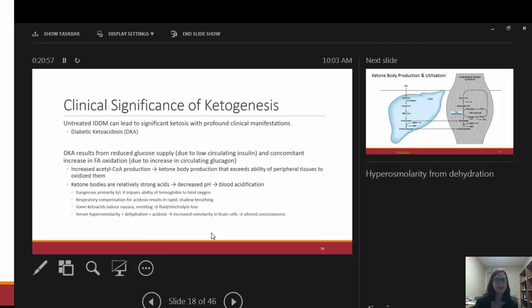This hyperosmolarity of the glucose, plus the dehydration from all this fluid loss, plus the acidification of the blood, leads to increased osmolarity in brain cells, and this can alter consciousness and is responsible for the cognitive changes that we see in diabetic ketoacidosis.